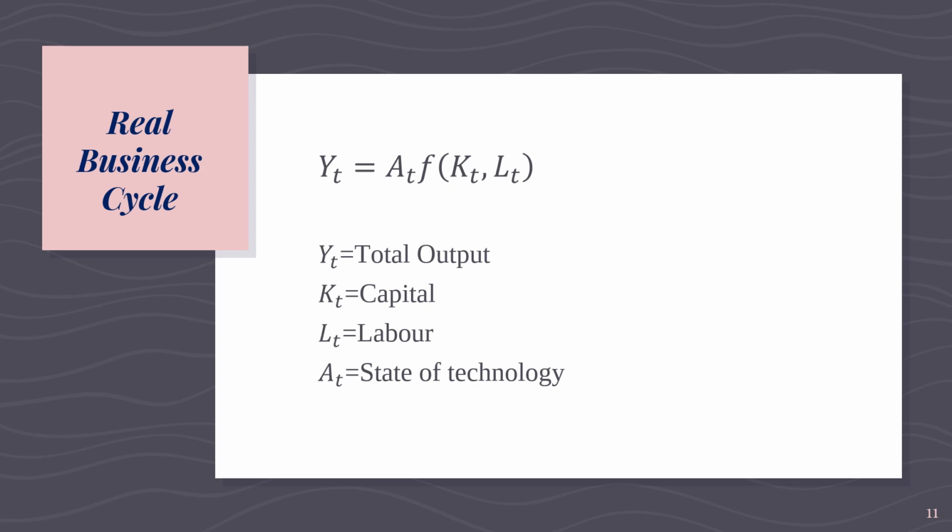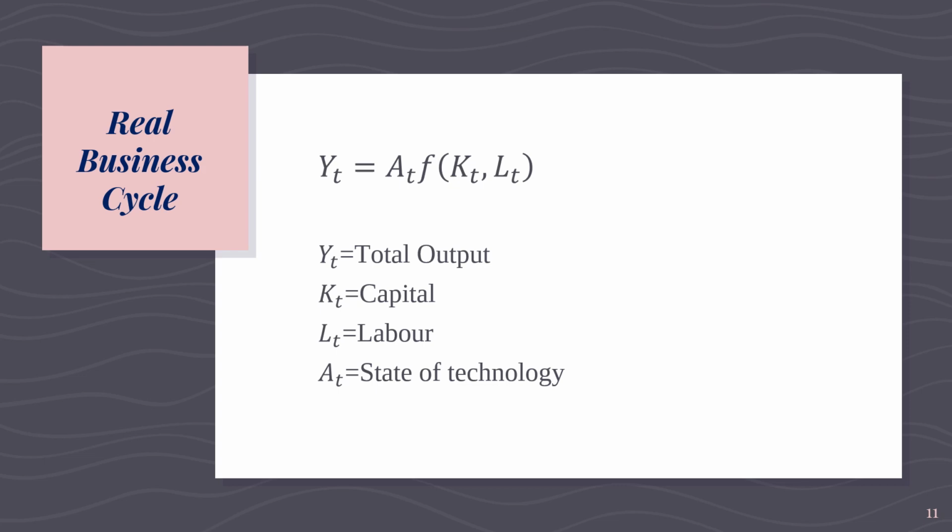The basic assumption of real business cycle is that total output at time t is a function of capital and labor at time t, where A_t in this equation represents the state of technology, or you can simply take it as a technology shock at time t, and any change in A_t will cause a shift in the production function. The technology shock changes factor productivity in terms of labor and capital or both, that leads to the change in output for a given level of labor and capital inputs.